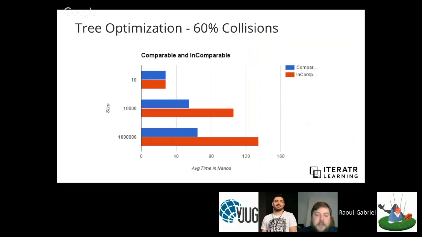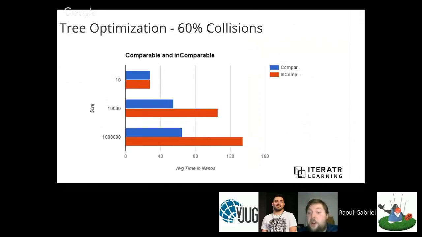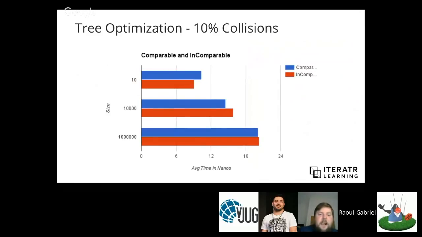So this benchmark demonstrates that if you have a very high collision rate, you end up seeing a significant reduction in the cost of operations. But if we drop the collision rate down to 10%, where it's very low, it actually doesn't impact things very much. So even though it's quite an interesting change that's happened in Java 8, it's really only useful if you've got both comparable keys and also high collision rates.